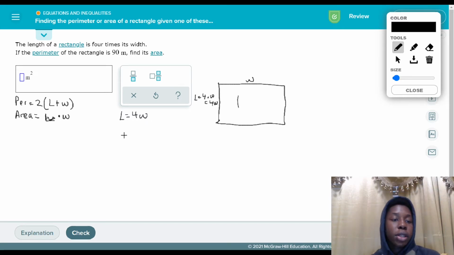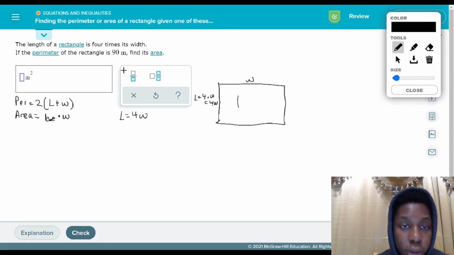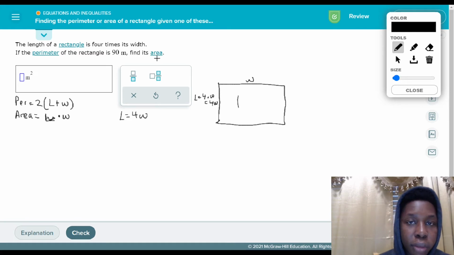And we're given the perimeter of the rectangle. We're given that the perimeter is 90 meters, and we're asked to find the area. Based on this equation, I want to solve for the width and also the length, and when I do that, I can apply that to find the area.